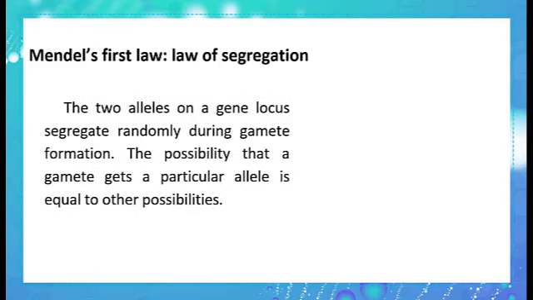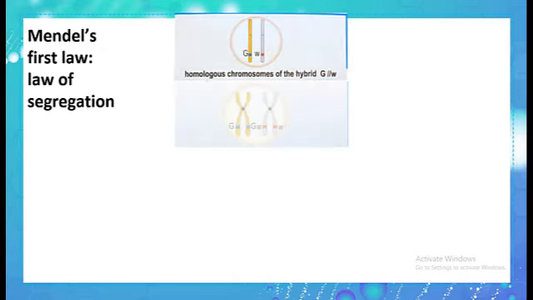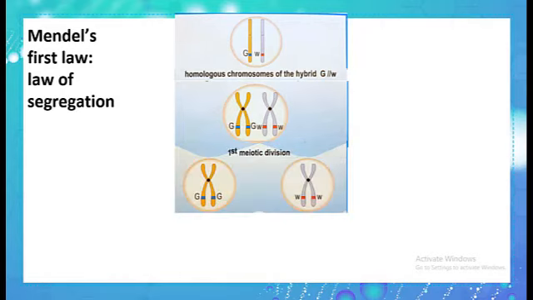The possibility that a gamete gets a particular allele is equal to other possibilities. For example, for a hybrid gray mouse having two different alleles, gray and white, each chromosome migrates to a different cell after the separation of the homologous chromosomes during the first meiotic division, with a probability of 50% for the cell to get the gray allele and similarly for the white allele.